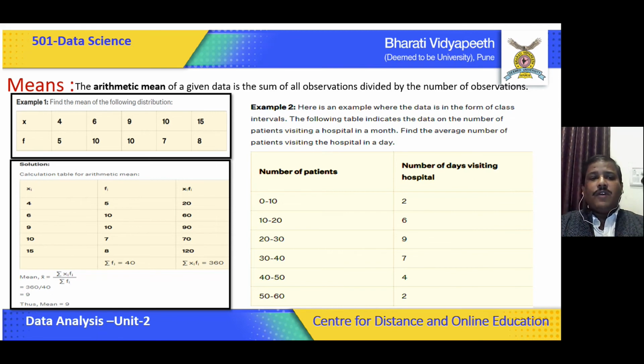Now if you want to find the mean, that means the average value, the arithmetic mean, we have simple calculations.